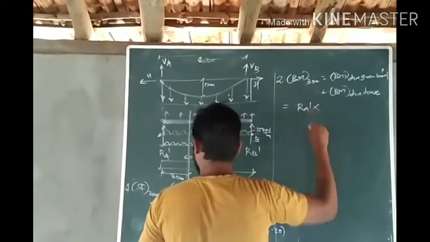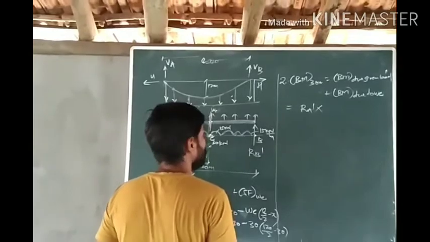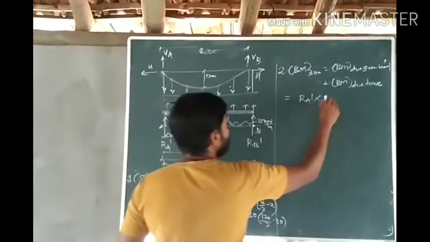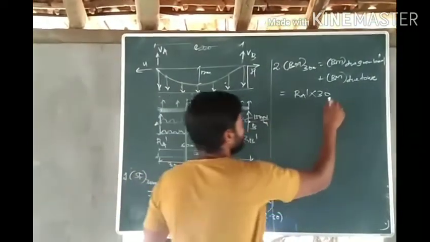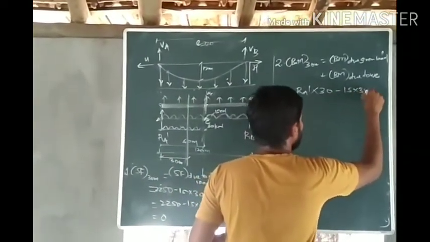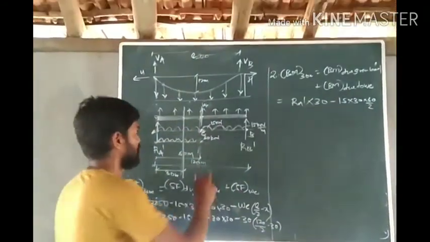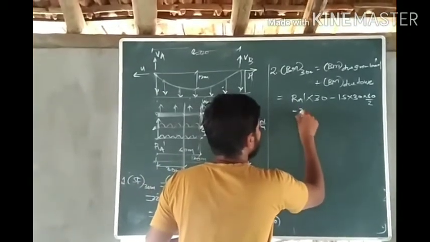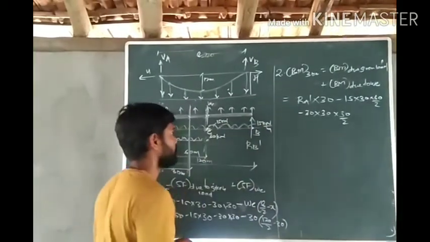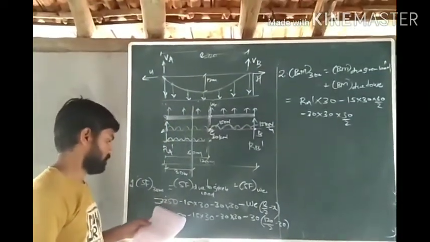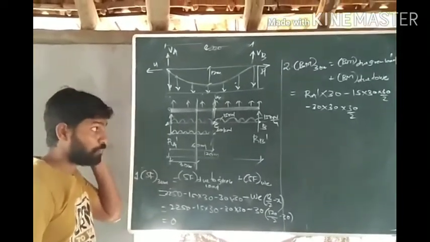RA dash multiplied by 30 and it is clockwise, so positive. Then this 15 into 30 into 30 by 2, it is minus because it is anti-clockwise. Then this 30 into 30 into 30 by 2.